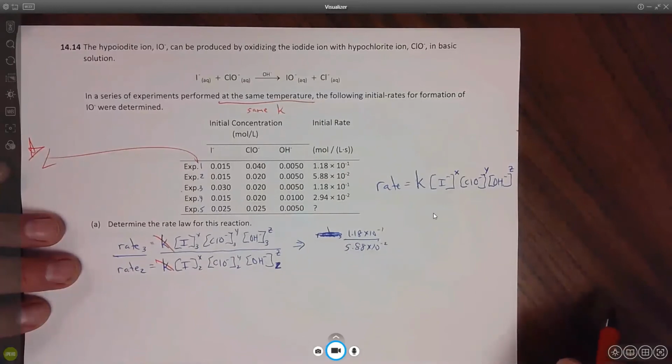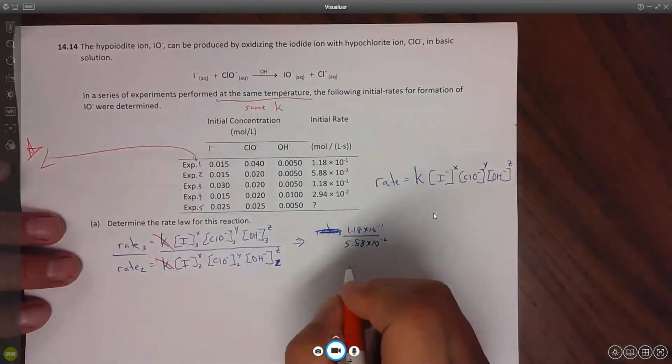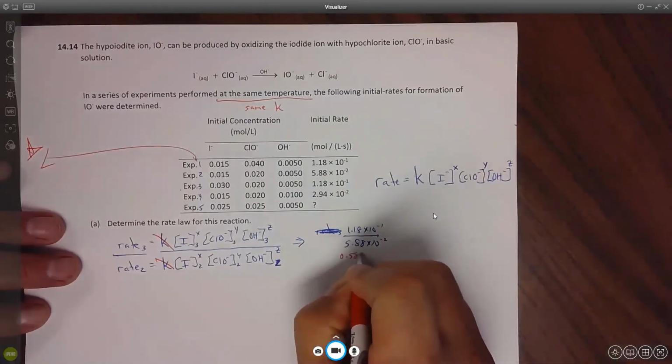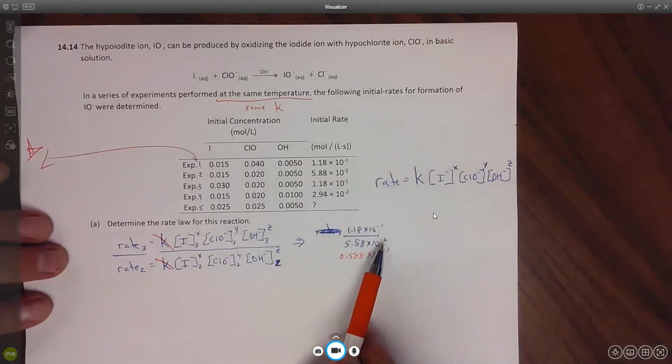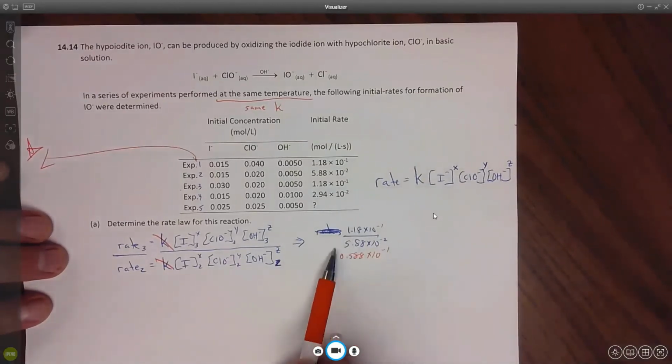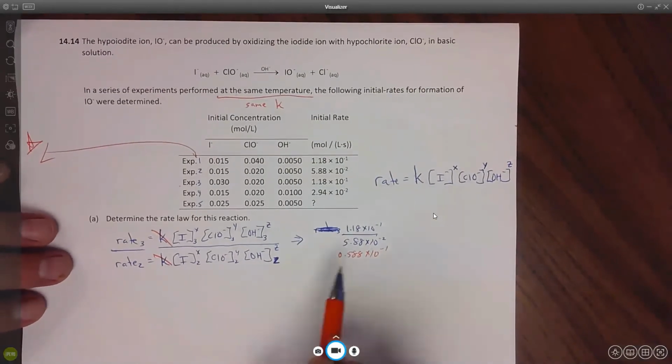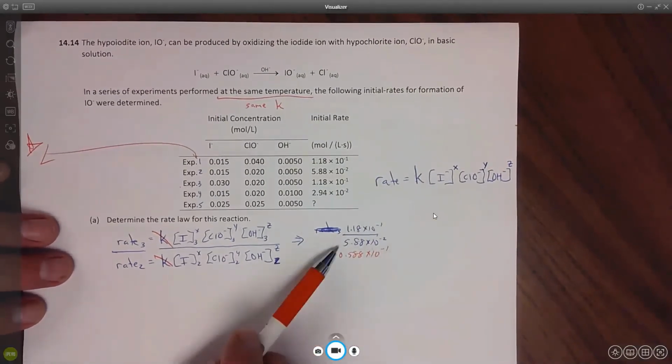Yeah, it's going to be 0.588 times 10 to the negative 1. Remember, we just added 1 to the exponent, and when you add 1, you have to move the decimal point to the left. Because that now makes it easier. Can anybody tell me what this number is?